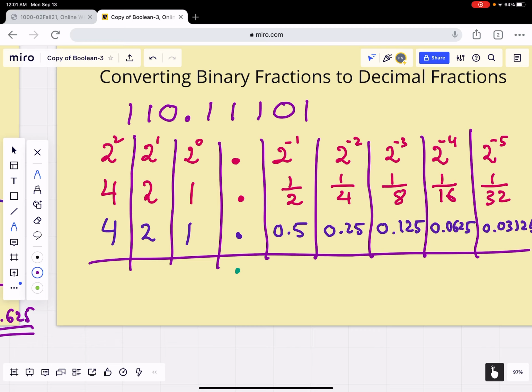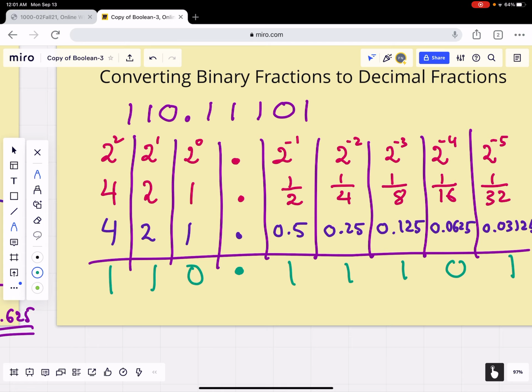We're using a different color in there, easy to see. So the point over here, make sure that the point is correctly lined up. 1, 1, 0, then 1, 1, 1, 0, 1.